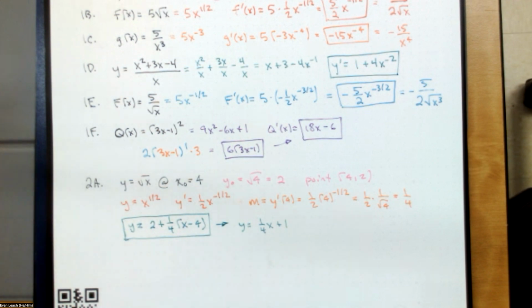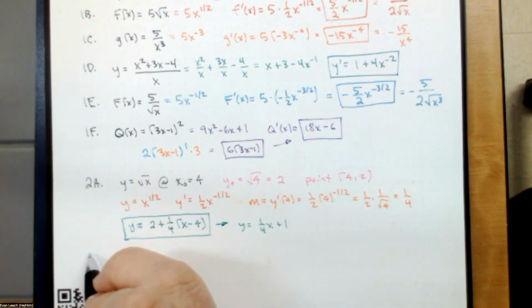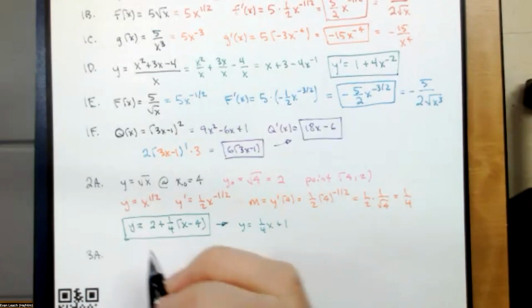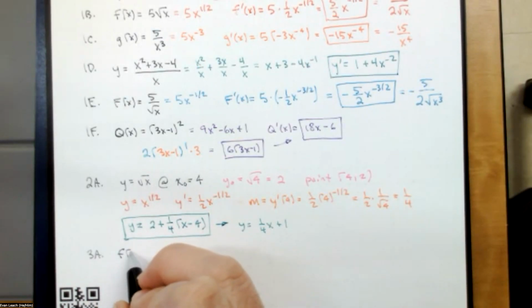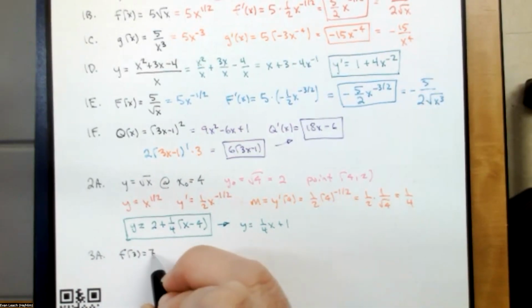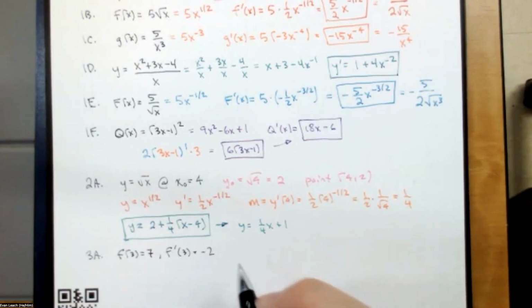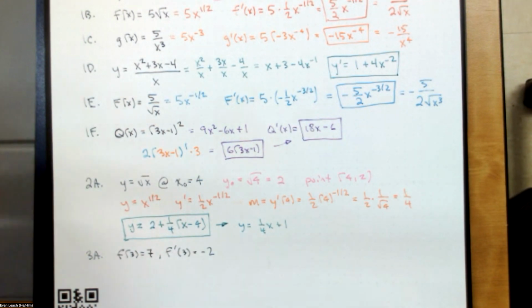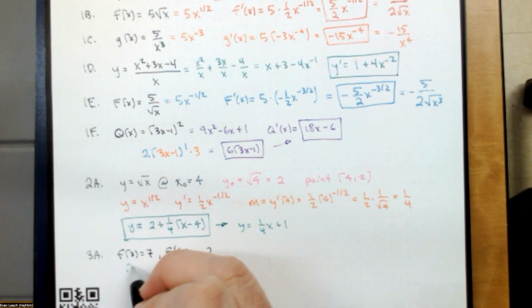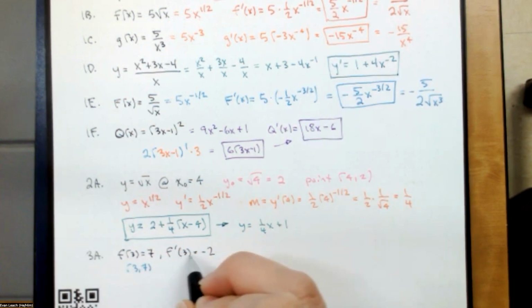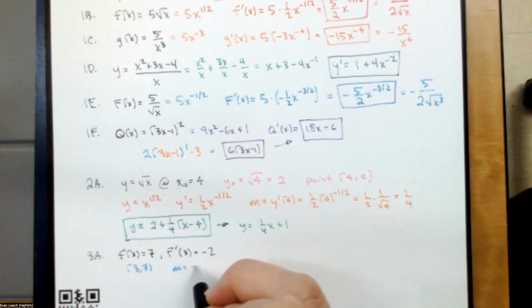And finally, problem 3 was the same thing. I just didn't make you do any calculations to get at the stuff. In problem 3, once again, I called it A. We have f of 3 is equal to 7, and f prime of 3 is equal to -2. We can take this information: f of 3 is equal to 7 gives us a point of (3, 7). f prime of 3 is -2 gives us a slope of -2.